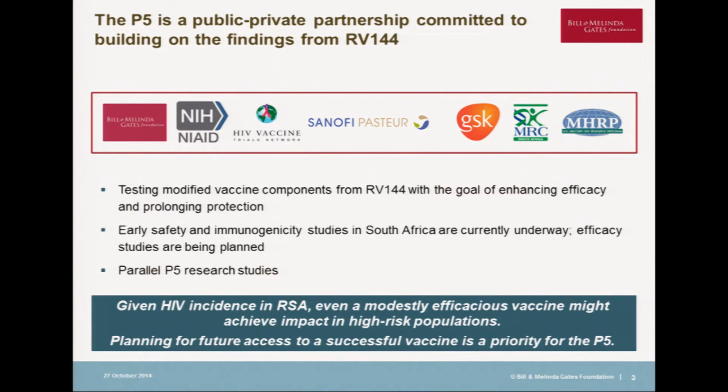And the goal of the P5 partnership has been to, as I mentioned, translate the RV144 learnings to South Africa and test modified vaccine components from RV144 that are based on clade C inserts with the goal of both improving the efficacy that was observed in RV144 and ideally prolonging that protection.